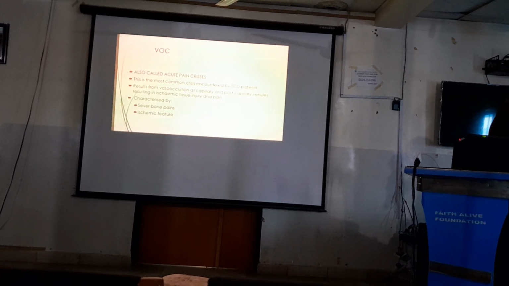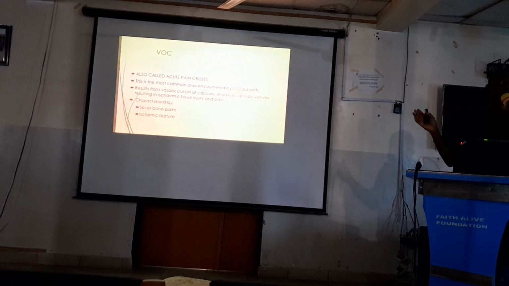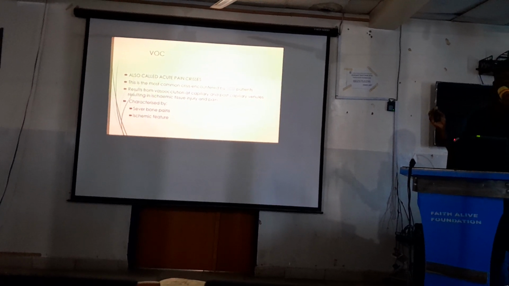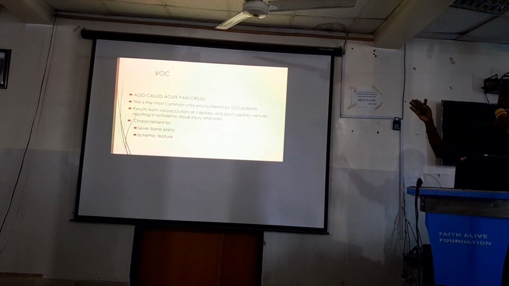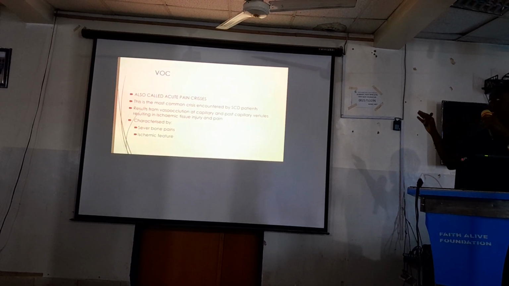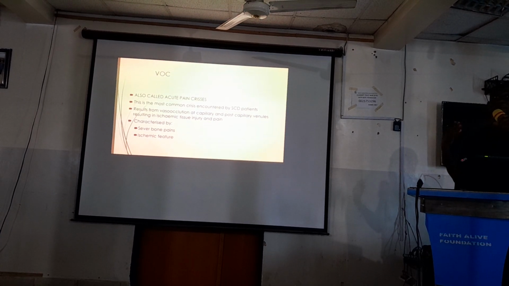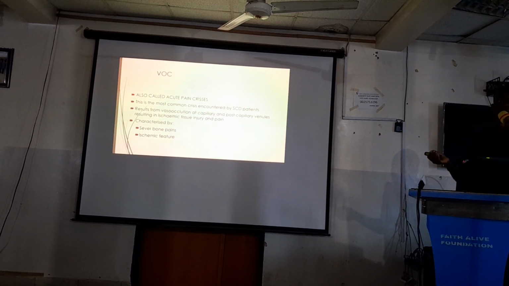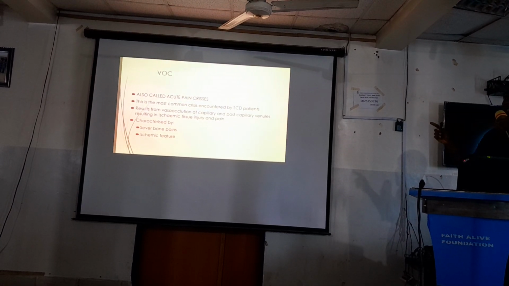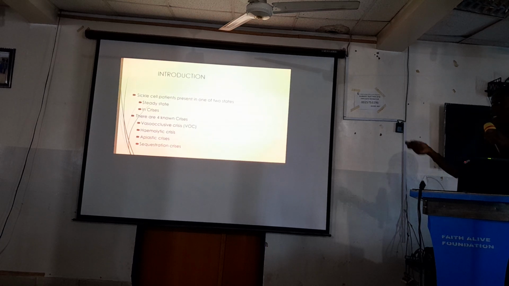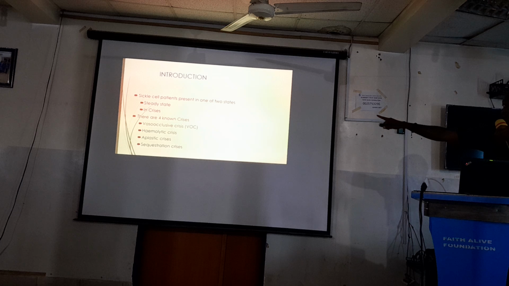Okay, so it's also called acute pain crisis. From VOC or acute pain crisis, we all know that this has to do with occlusion of the vessel and pain. Okay? So it's the most common crisis encountered in sickle cell disease patients. It's worthy of note that in crisis, it mustn't be one.